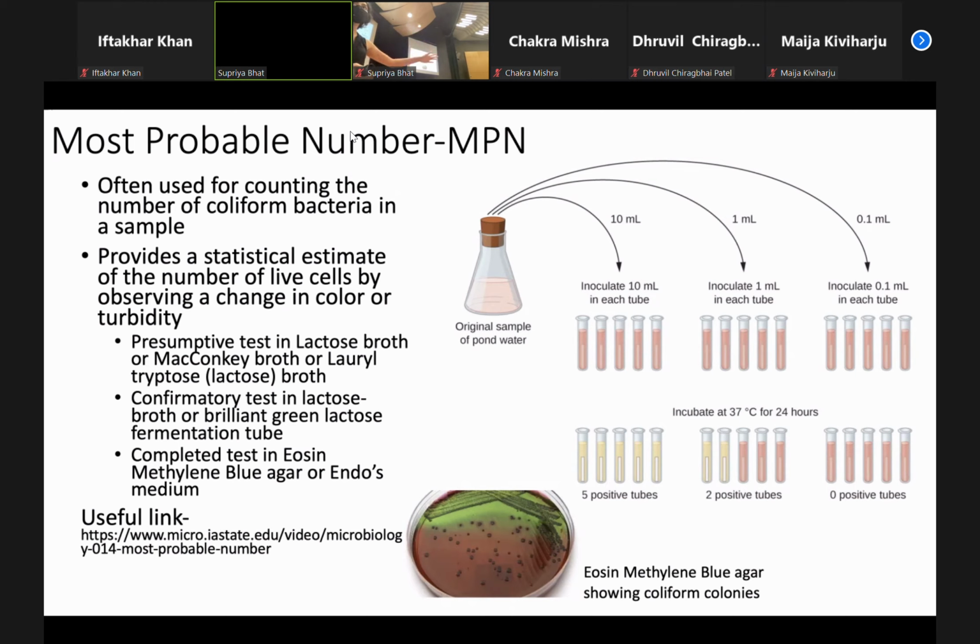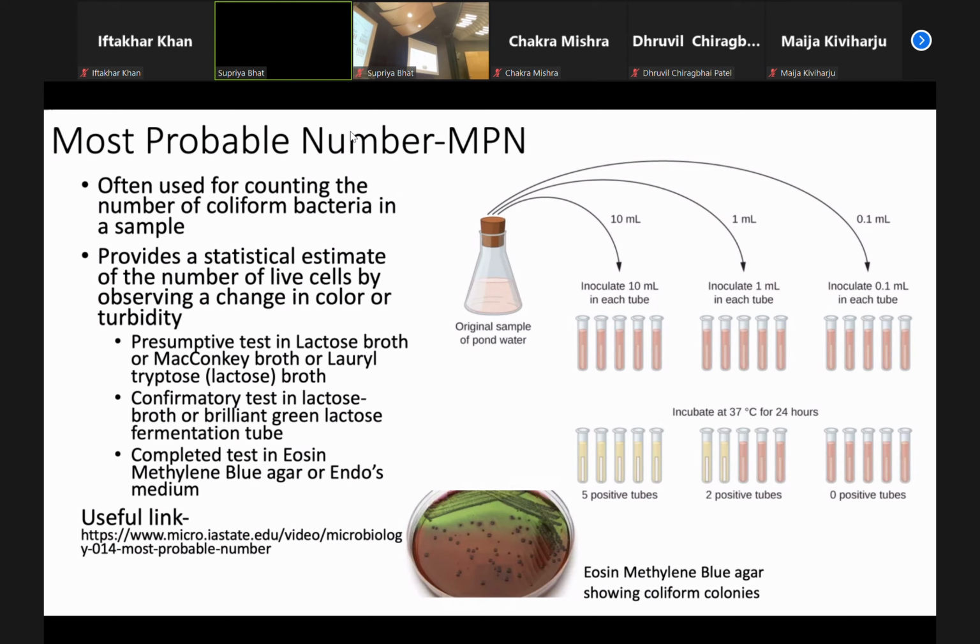Because with a higher volume, there's a greater likelihood that the coliforms or the bacteria you're testing for are present. 1 ml has a lower chance, and 0.1 ml even lower. If your tubes show positive results, you get a number. So either in the first 10 ml, all 5 are positive, then in your 1 ml there are only 2, and in the 0.1 ml there are 0. So you take those numbers, 5, 2, and 0.